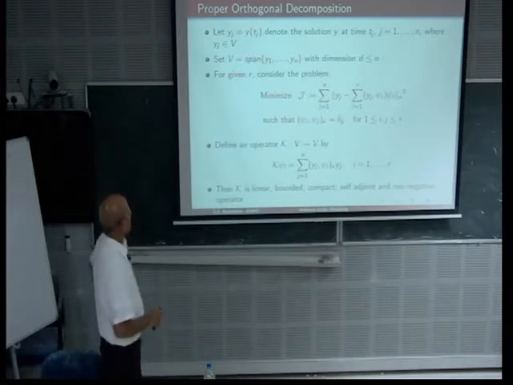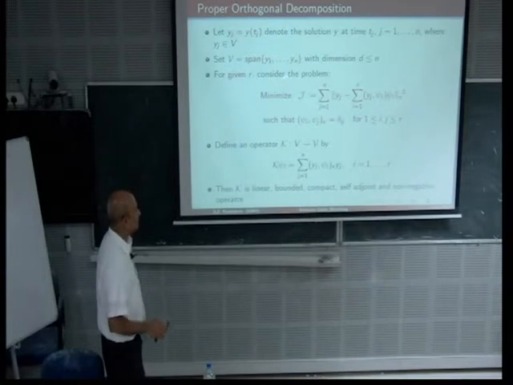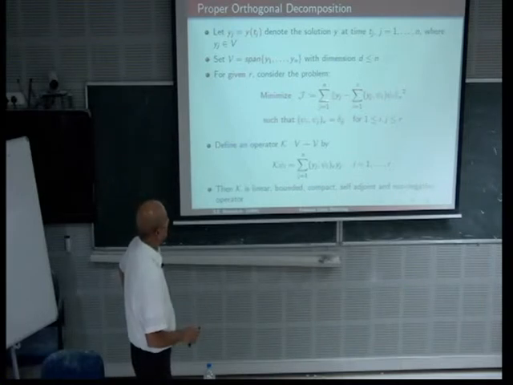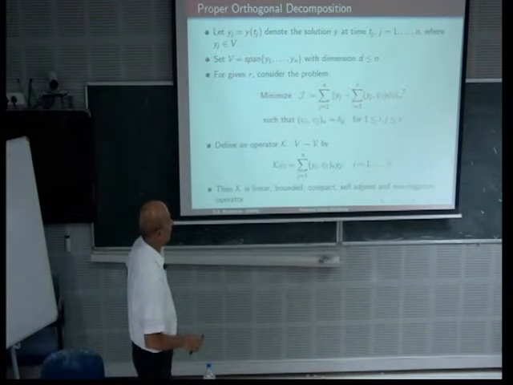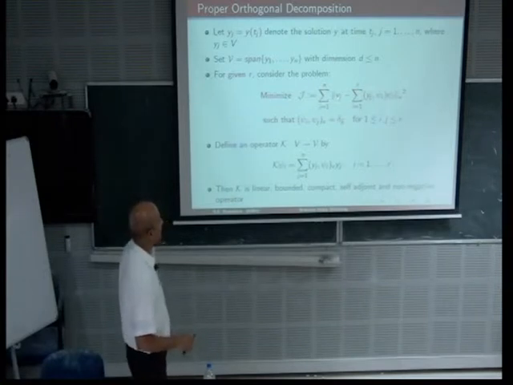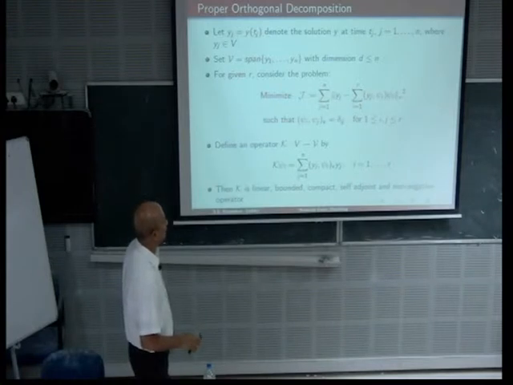Now, for a given r, I'm going to consider the following minimization problem. Let's look at this cost. y_j is the snapshot. This is a projection of y_j onto a space consisting of vectors psi_i. Think of some arbitrary basis psi_i; there are r of them. Then this is a projection of y_j. So I'm trying to minimize the error between this snapshot and the projection of that snapshot, as a sum.